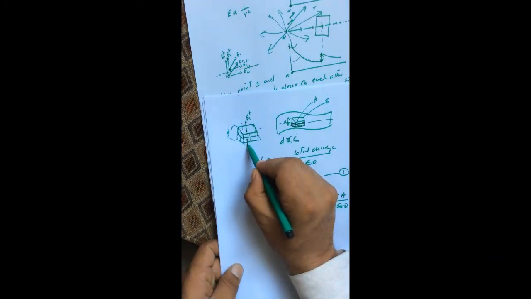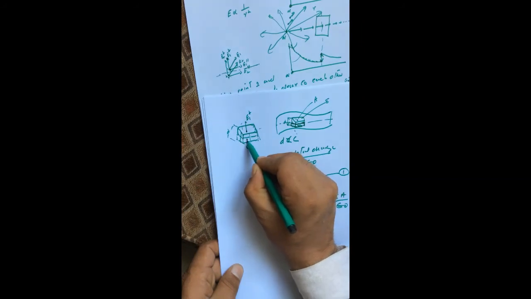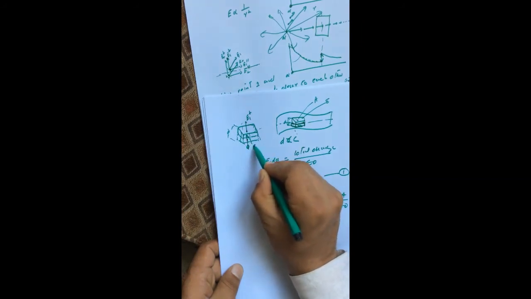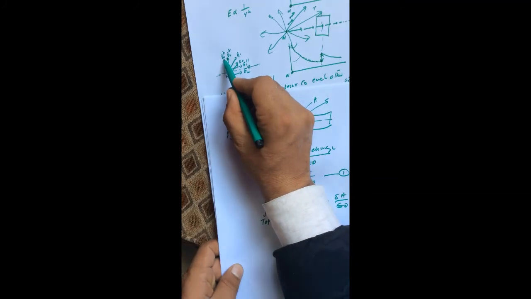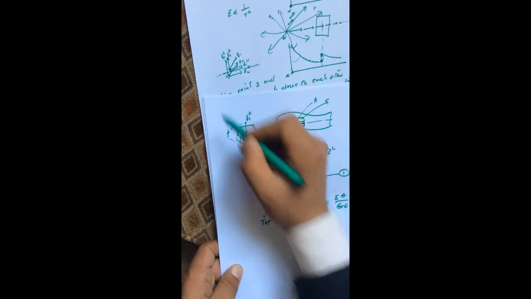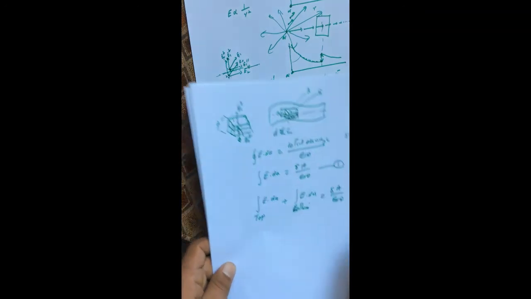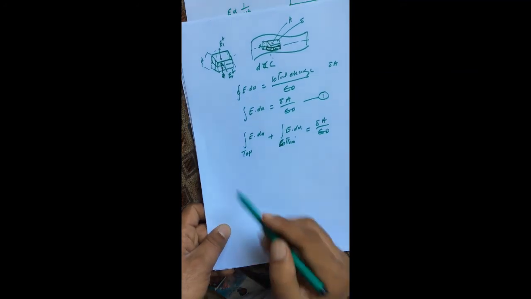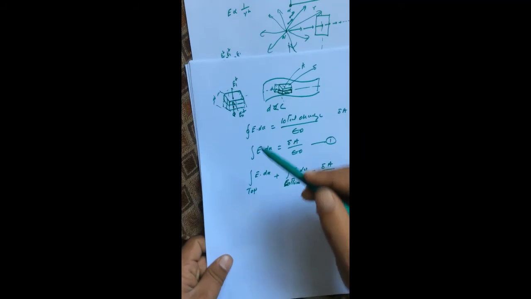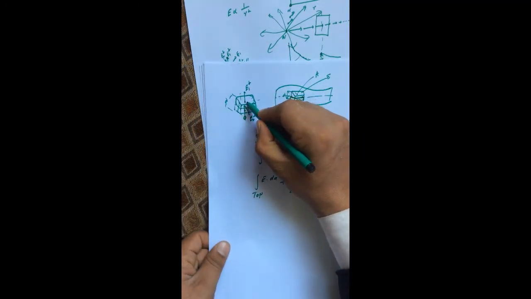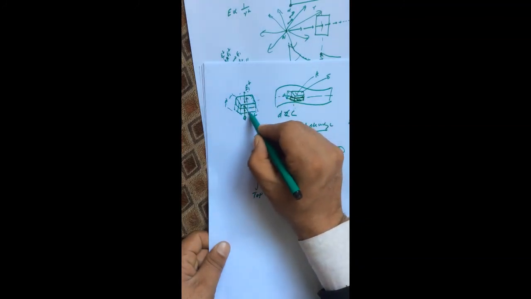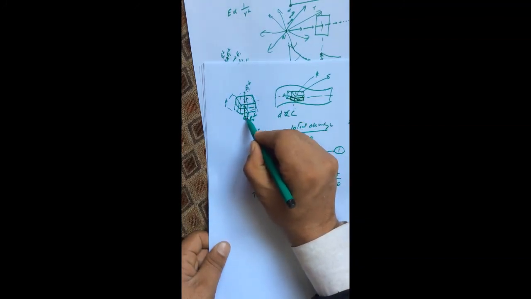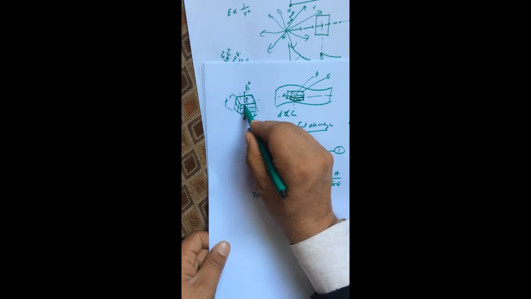And in the bottom case, the contribution from the electric field will be from E2 perpendicular, because this point is below this surface. Also, if we look here, the direction of area of this surface is upward, it's parallel to this E1. Here the direction of this surface is downward, while the electric field direction is upward.